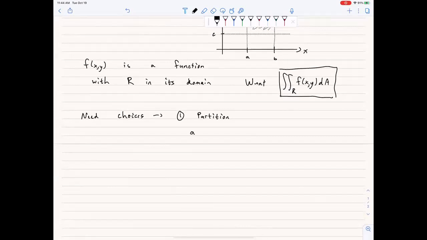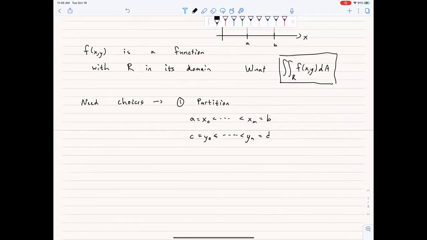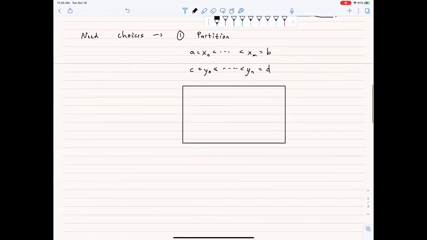So what we're going to do is partition both the interval AB and the interval CD. So we're going to choose points x naught through xm and y naught through yn that are increasing and that take our rectangle. Let me draw the rectangle. So this is our rectangle.